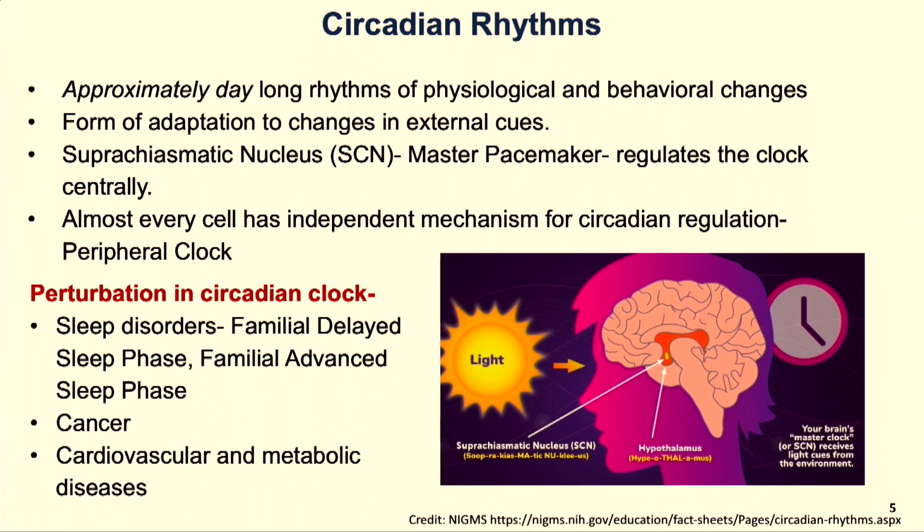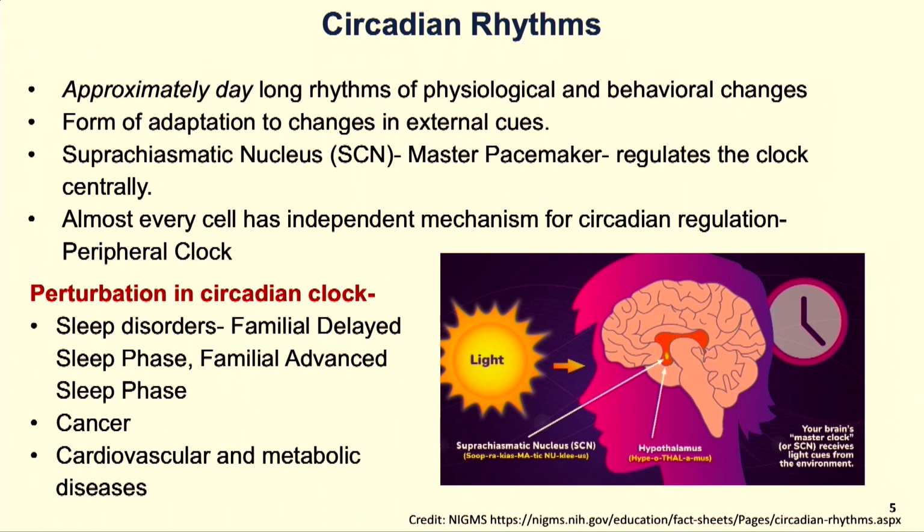It's also called the master pacemaker, which regulates this clock centrally, taking primarily the cues of light through the eyes. However, almost every cell in the body has its own mechanism, which I'll show in a moment, to regulate these circadian clocks or the rhythms that I'm talking about. Now, why are we trying to study it?